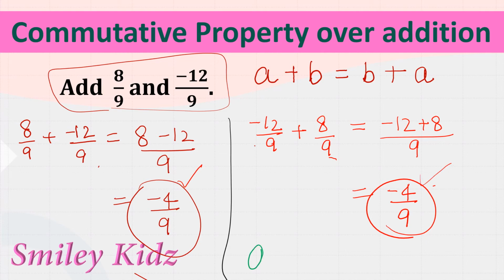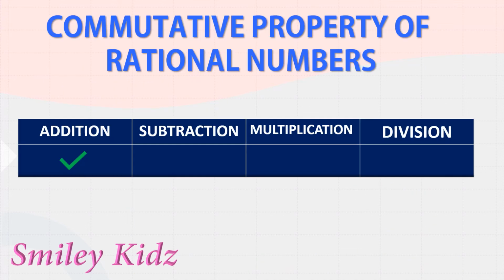So, A plus B is equal to B plus A. So, rational numbers satisfy commutative property over addition. We have filled the first block, that is, rational numbers are satisfied under addition.